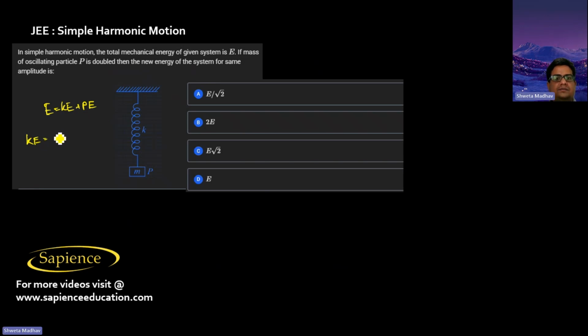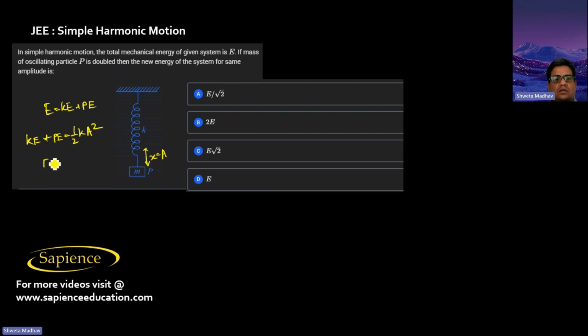The kinetic energy plus the potential energy, which is given as half k a square, where maximum extension will happen when x equals a, and then the kinetic energy will become 0.